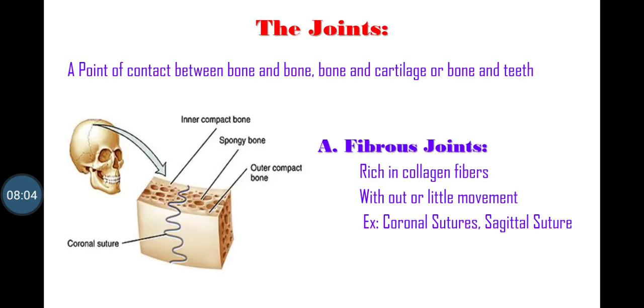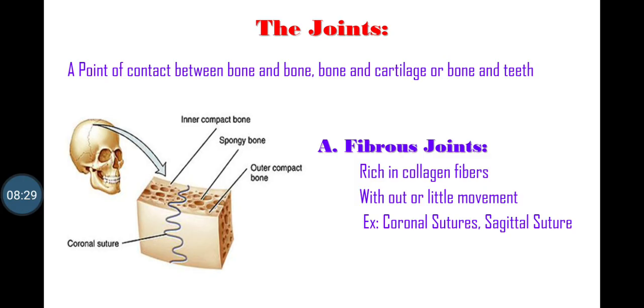Now the joints. A point of contact between bone and cartilage, and bone and teeth are called joints or articulations. On the basis of structure, joints are classified by the presence or absence of a space between the bones, named the synovial cavity, and the type of connective tissue that unites the bones.